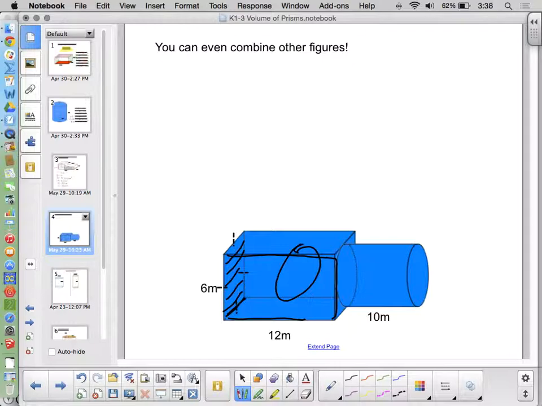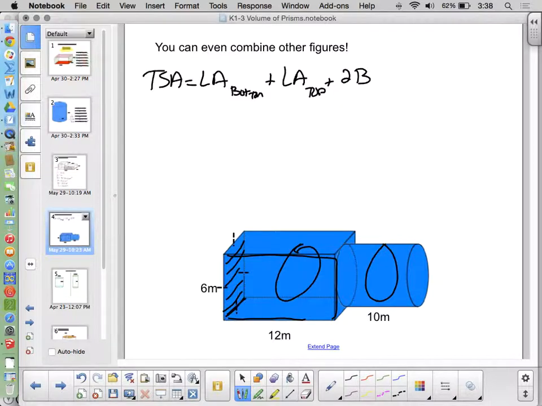So really, I've got a second base there. And then the last thing is the lateral area of that prism. So the total surface area is the lateral area of the bottom plus the lateral area of the top plus 2 base areas of the square.